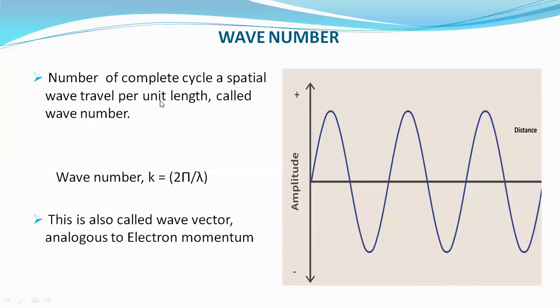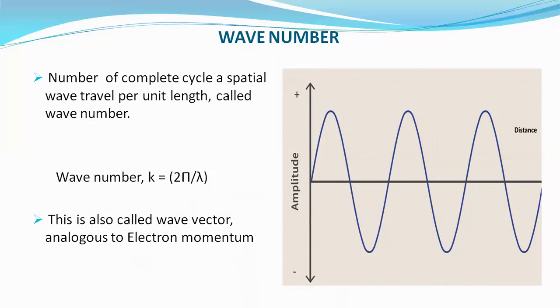Now what about wave number? For wave number, you consider a spatial wave. You can consider a wave in some coordinates as amplitude versus time, but this wave is not in that form. It is amplitude versus distance, called a spatial wave, and the number of complete cycles you have within some particular length, say 1 meter or 1 centimeter, is called the wave number.